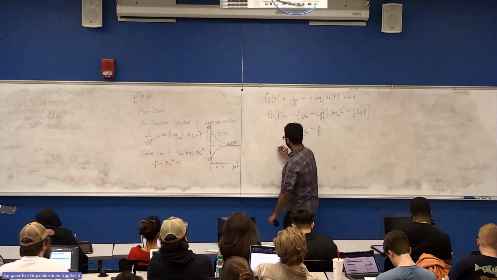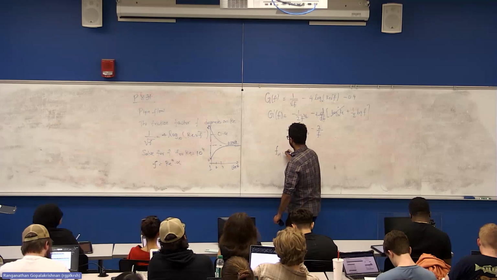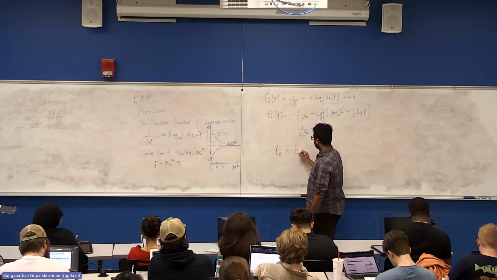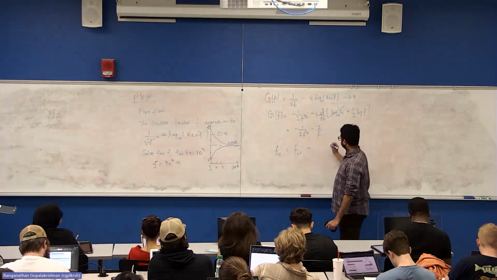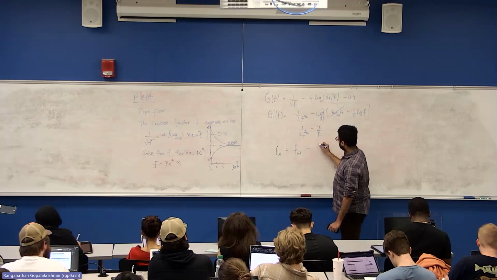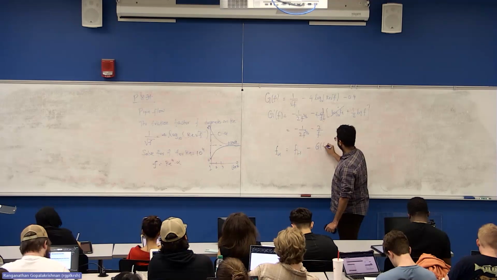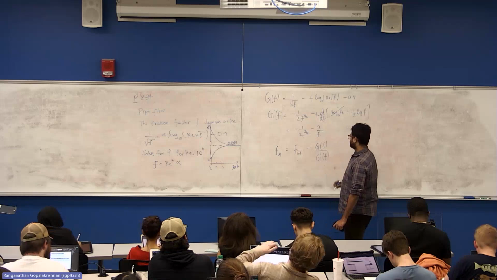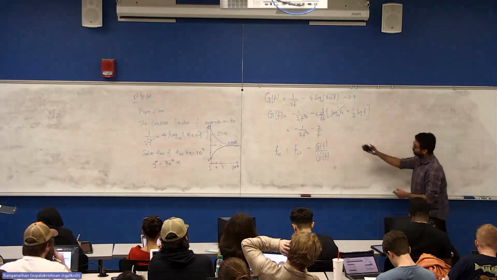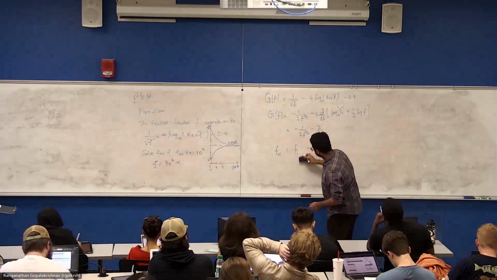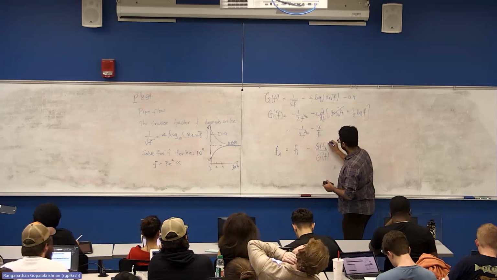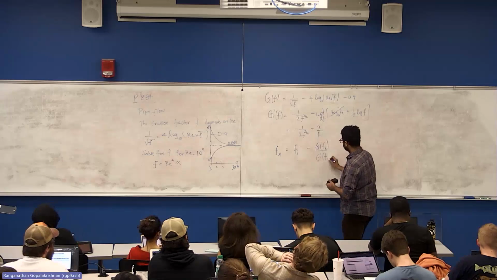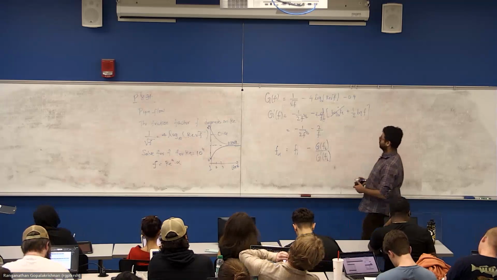So you would write f_{i+1} equal to f_i minus g of f divided by the derivative g dashed of f, or g of f_i divided by g dashed of f_i.